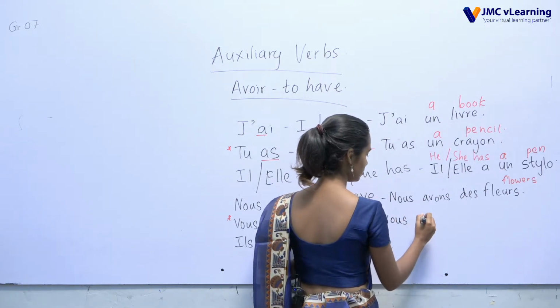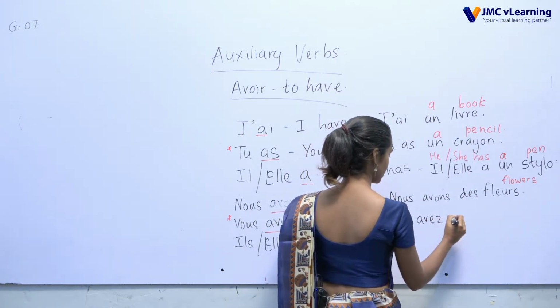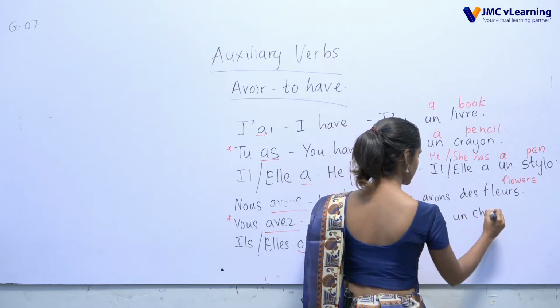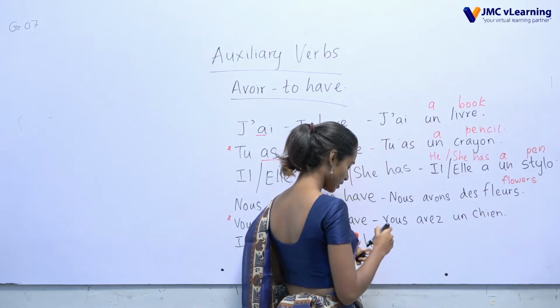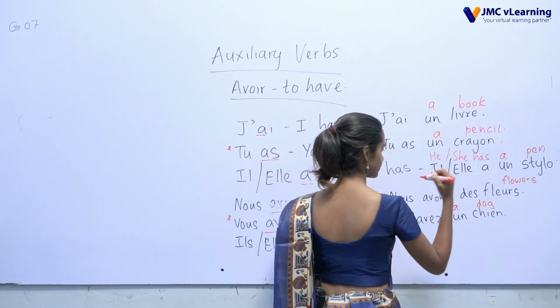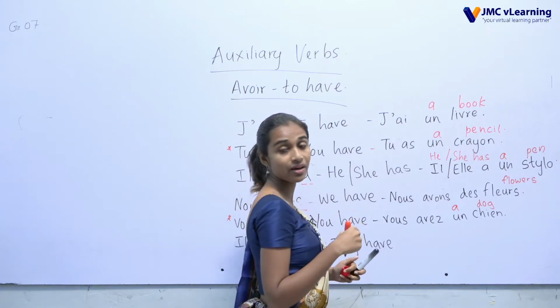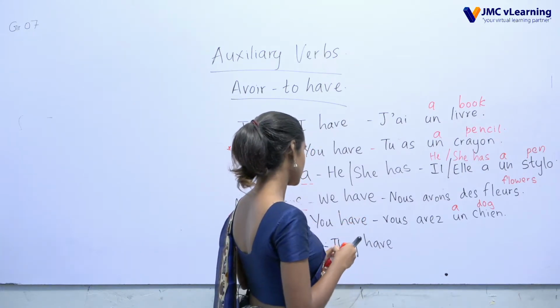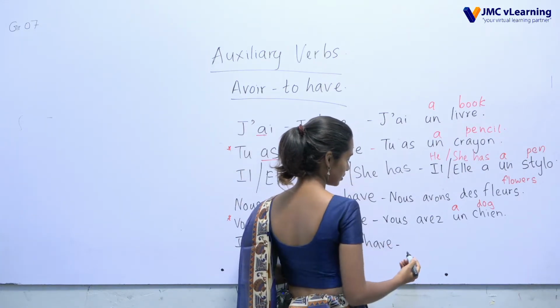You have a dog. Vous avez un chien. You have a dog. Right? Vous avez un chien. They have cats.